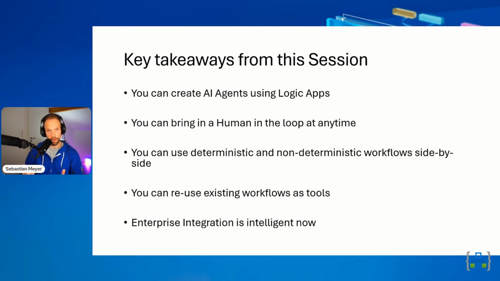You can involve humans in the process at any time. So this is called human in the loop. You can combine deterministic and non-deterministic workflows, as you have seen, and you can use existing workflows as tools. This is super cool. And enterprise integration today is not just technical, it's intelligent.